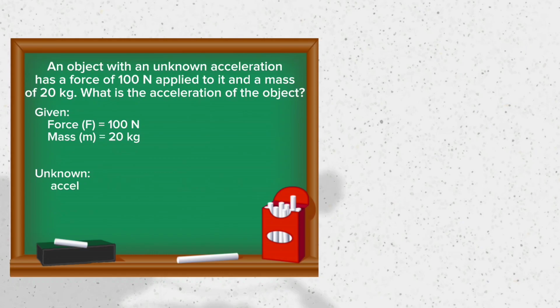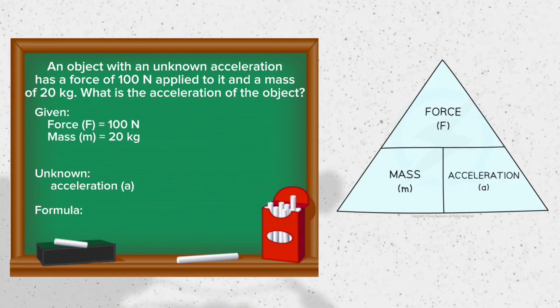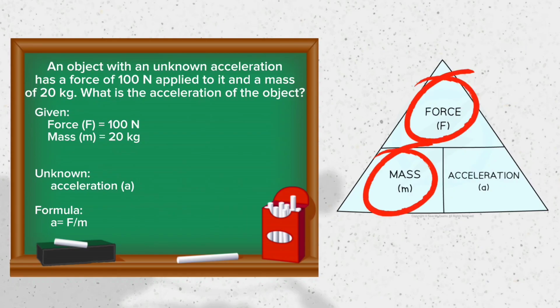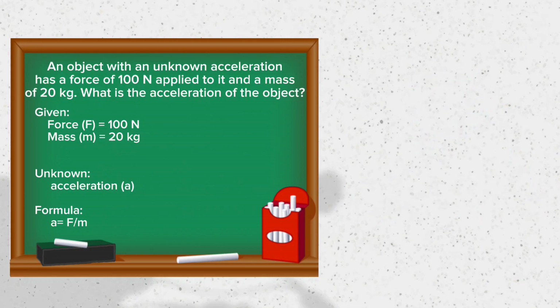The unknown in this problem is the acceleration. So the formula for acceleration is force divided by its mass. So deriving the formula, we have 100 newtons divided by 20 kilograms is equal to 5 meters per second squared.